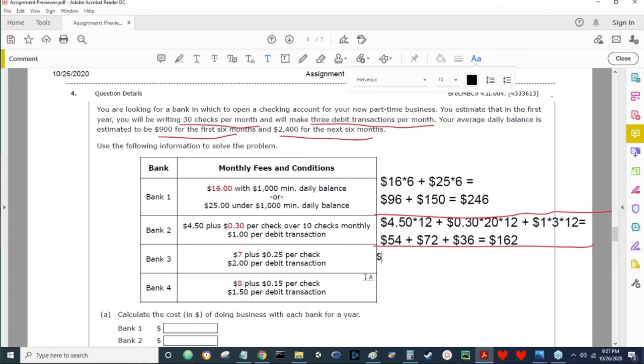So Bank 3 charges us $7 per month. So we do 7 times 12 because our final calculation needs to be in terms of years. Plus 25 cents per check. There's no upper limit there. So that means we get charged 25 cents for each of the 30 checks we write in a month times the 12 months in a year to convert that from months to years.